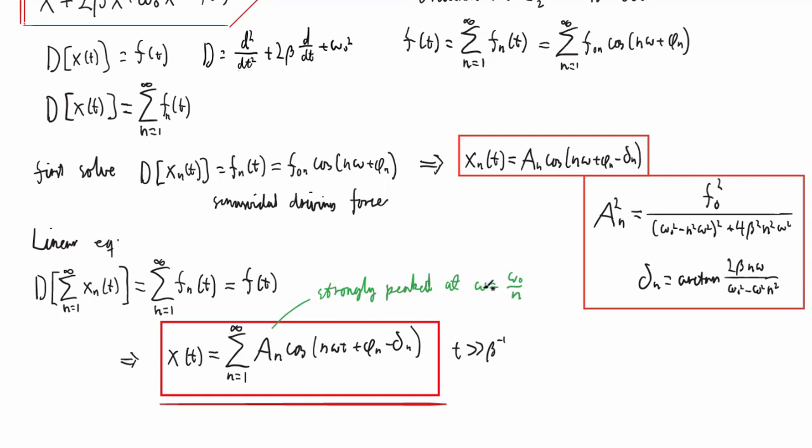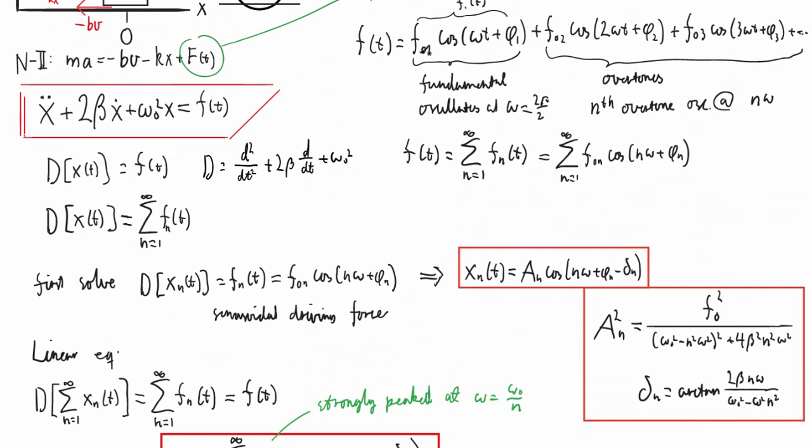So for instance, what happens when we lower the frequency is that the overtones one by one become resonant with the oscillator. So if omega equals omega naught, then the fundamental, this term, becomes resonant with the oscillator.